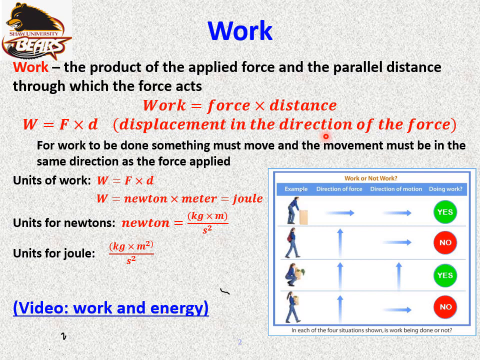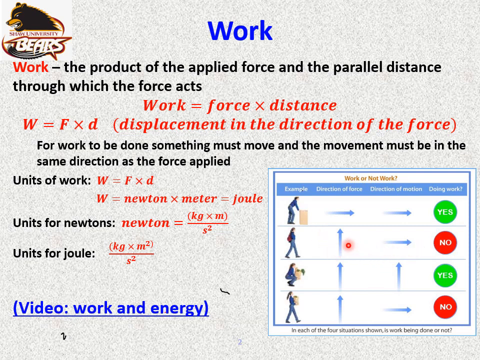You may ask, how about a force and a distance at a random angle? In that case, which we will not talk about in this class, but if you are interested, you multiply by the trig function cosine. Remember, the cosine of 0 degrees is 1, which means 100%. The cosine of 90 degrees is 0.